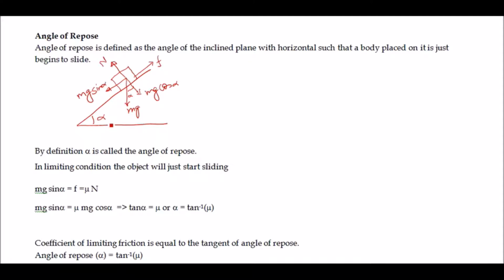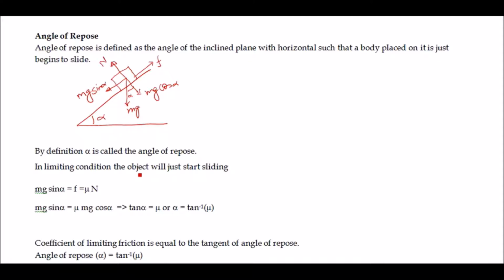Suppose we are increasing the inclination, then a point comes when this object will start sliding. The angle at that instant will be called the angle of repose. By definition here, alpha is the angle of repose.